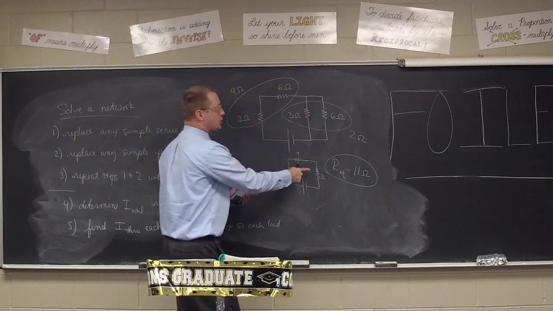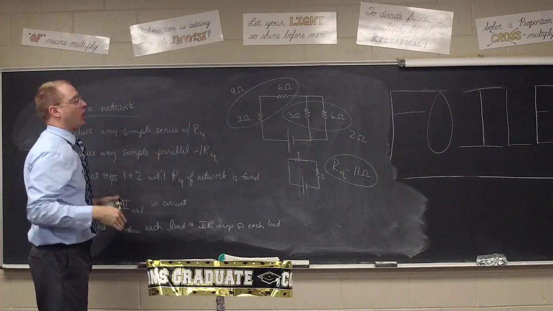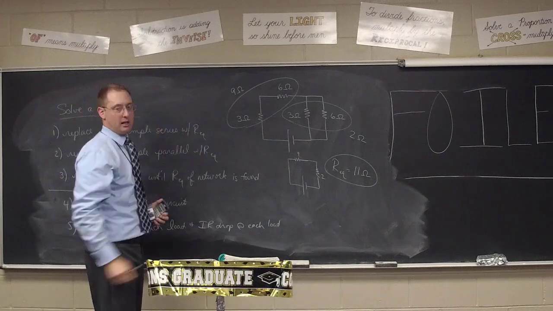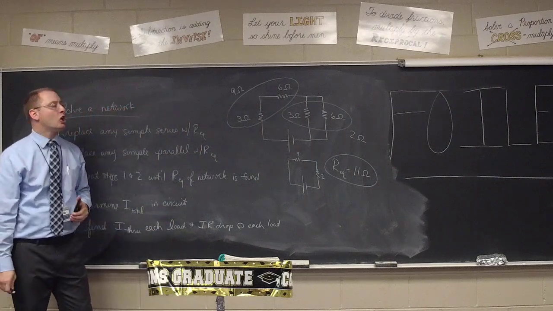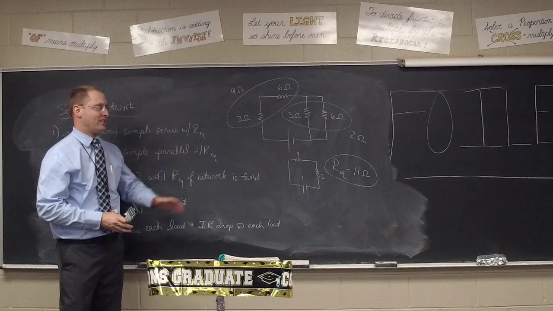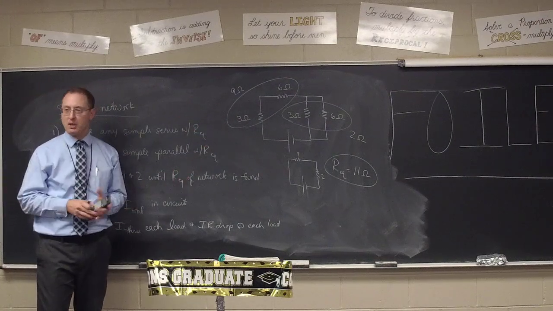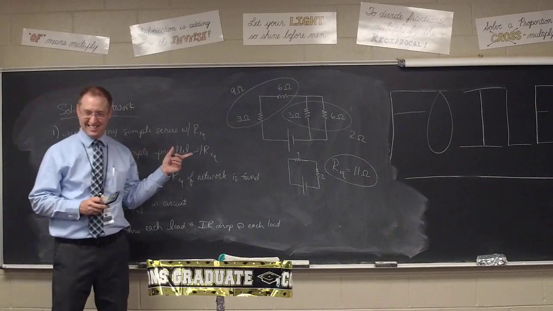I don't necessarily need to redraw this because I can see that those 2 circled groups are in series with each other. There's my 11 ohms of equivalent resistance. Usually that's what I'll do unless it's a really complicated network. This one's pretty easy. I'll take shortcuts because lazy. All right, questions on this?